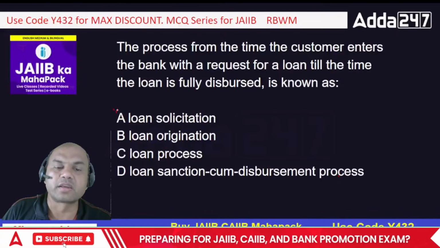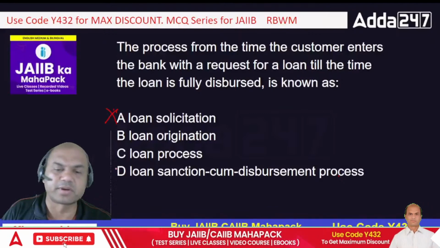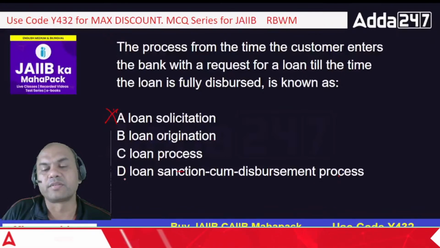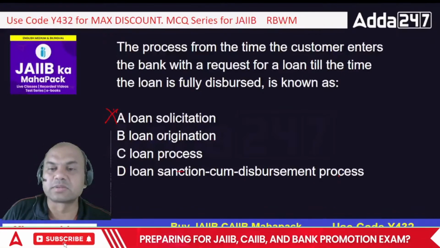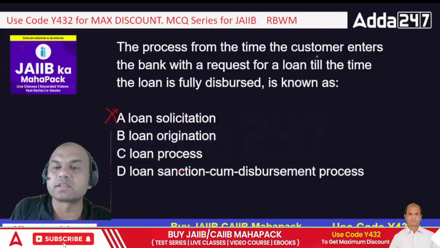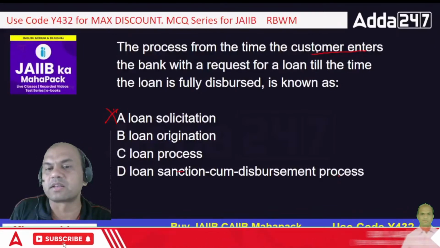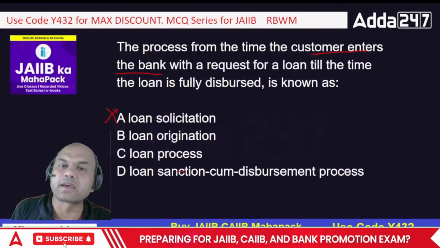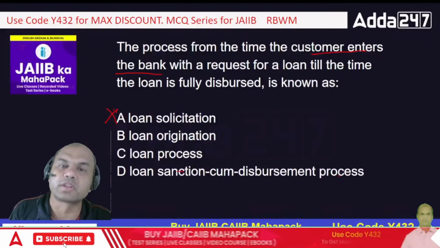Okay, I'll give you the hint. A is out and sanction cum disbursement. So B, C, D. Okay, so customer enters the bank. Now you can shift this question. Customer doesn't enter the bank now. The banker enters the home of that customer for the loan, right?